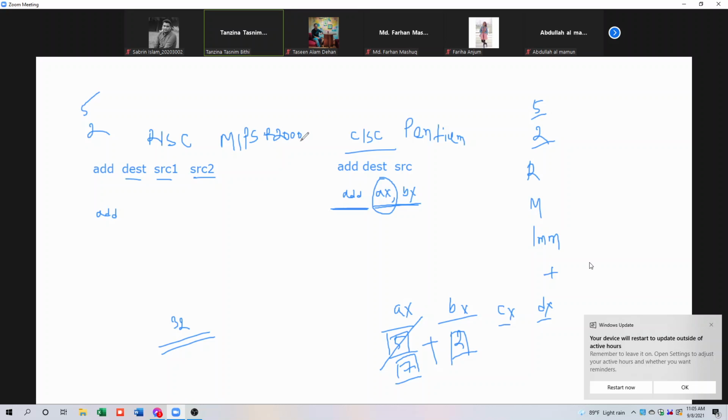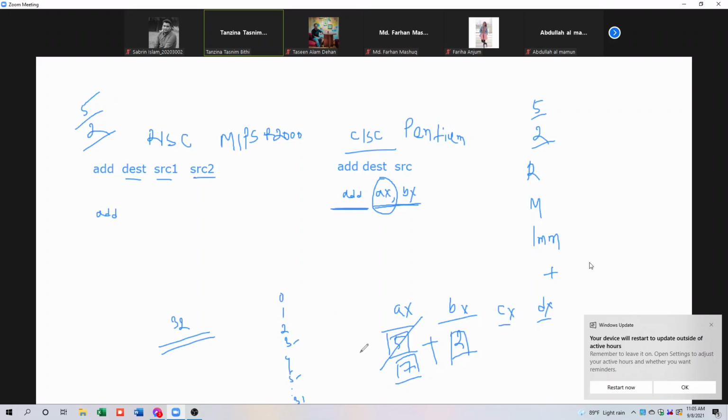So the MIPS processor has 32 registers and the addresses of the registers are 0, 1, 2, 3, 4. These are the addresses of the registers. For the last register, the address is 31. So these two data, 5 and 2, can be stored in this register or in register 5, right?